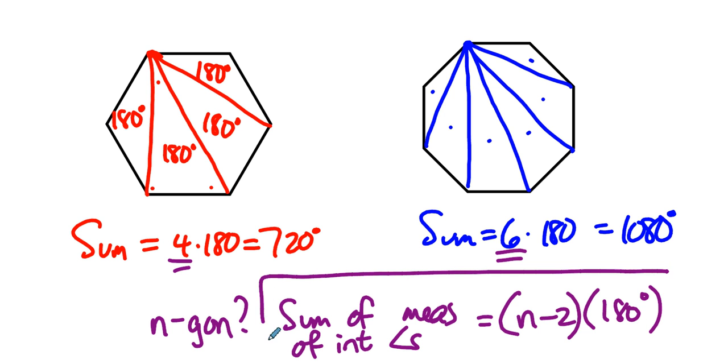So generally speaking, this is the sum of the measures of the interior angles of an n-gon. In both of the cases that I drew here, these are regular n-gons, and so we can figure out what each one individually is by taking the sum and dividing by n. We weren't asked to do that here. I will consider the other question.